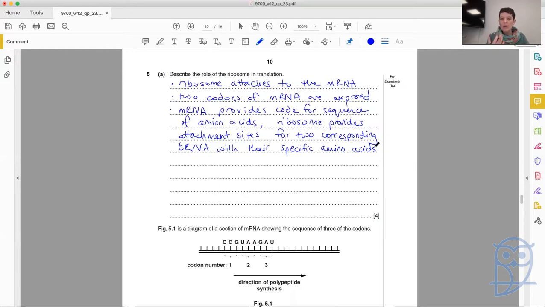So we're giving a little bit more than just attachment sites for tRNA. What's the importance of those attachment sites? It's that we have the mRNA and we have the complementary tRNA, and it's all working together. So we have the attachment site and then we get that codon-anticodon binding within the ribosome.